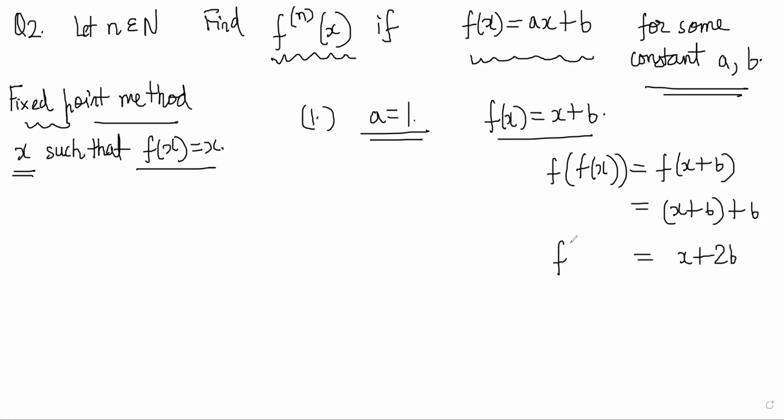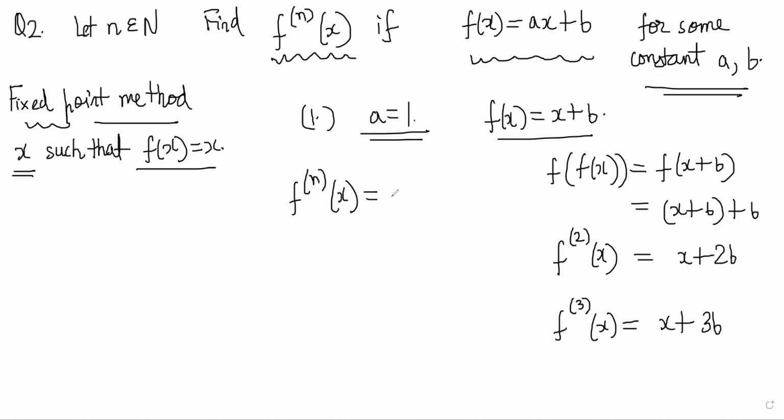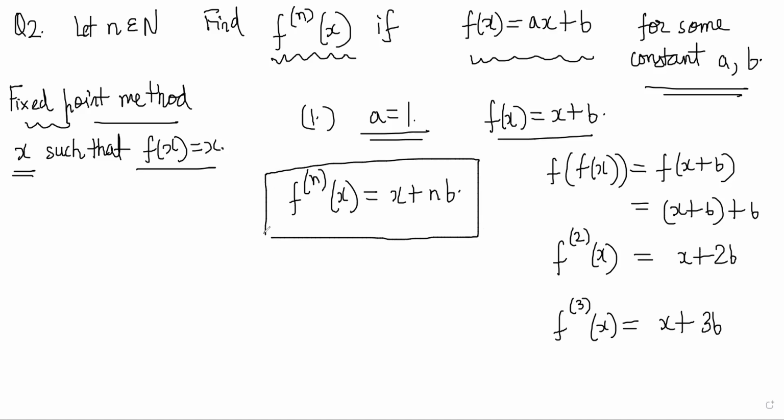So f^2(x) is x plus 2b. Similarly, you can show that f^3(x) is equal to x plus 3b. And by simple induction, you can prove that f^n(x) becomes x plus nb in this case. So in case a is equal to 1, we can easily show by induction that the nth iteration of the function is equal to x plus nb.